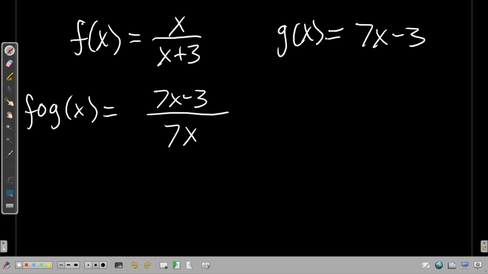It's a line. Its domain is all real numbers. f has the domain restriction that it can't be minus 3. So I know that my domain here is not able to include minus 3. But then it also cannot include 0, because 7 times 0 is 0. So there's my domain.